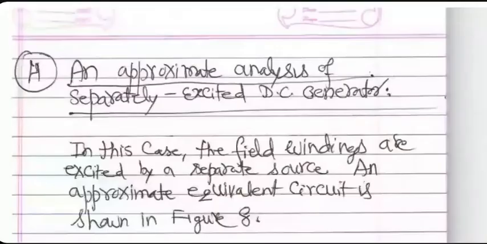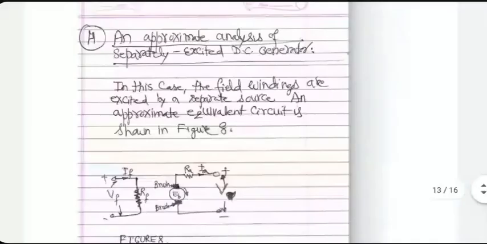Here, the field windings are, by the way, we represent field windings only by resistance. Don't get confused. Actually, it should have inductance also, but we are talking DC right now, so what matters is the DC resistance or the resistance of the winding for us from the analysis point of view.